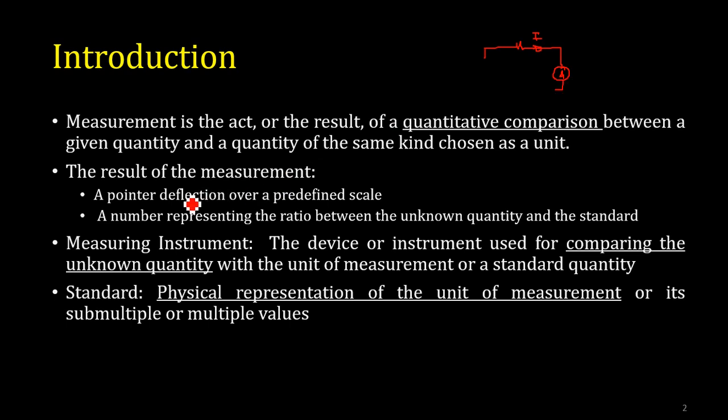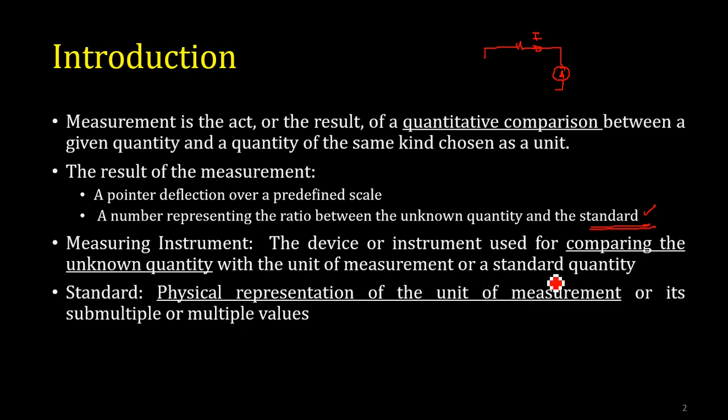So the result of the measurement can be in the form of a deflection in the case of analog instruments. It can be in the form of values, as digital instruments show digits, or a kind of ratio between the unknown quantity and the standard. Now the instrument that we use is used for comparing the unknown quantity with the unit of measurement or the standard quantity.